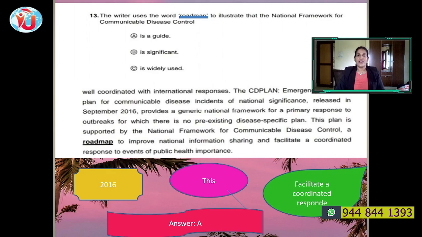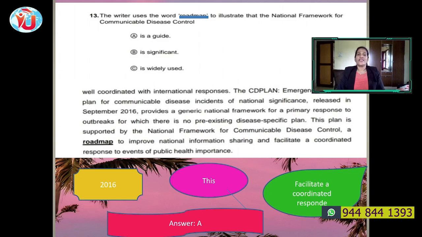I have taken the time expression, that is 2016, taken the reference, this, and I have taken the synonym, like facilitate a coordinated response, is nothing but guiding you somewhere.